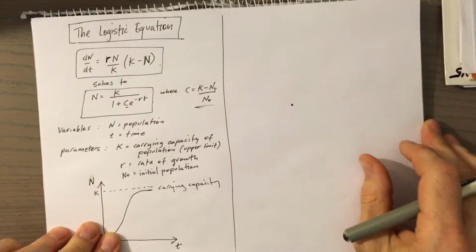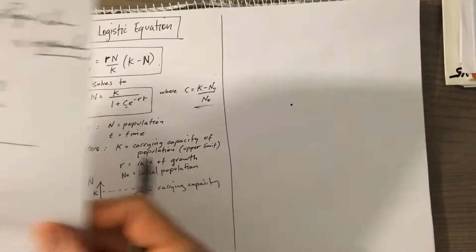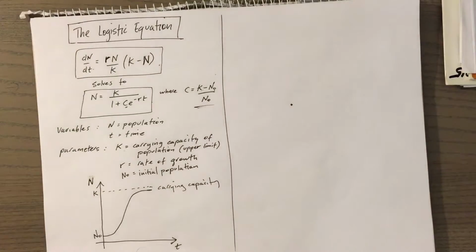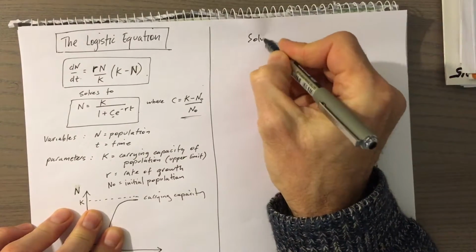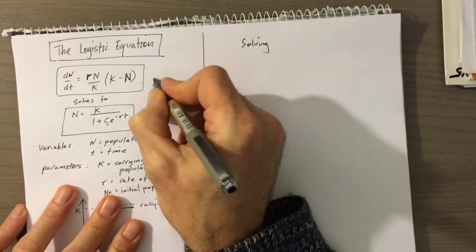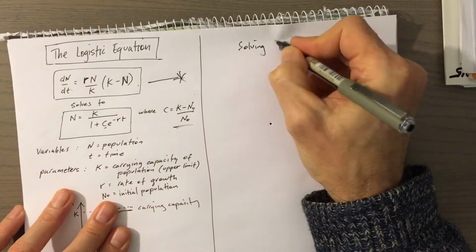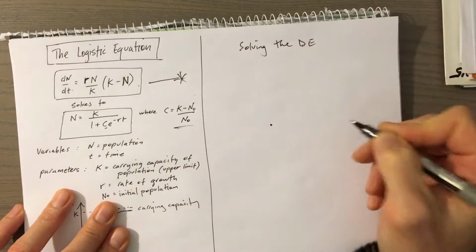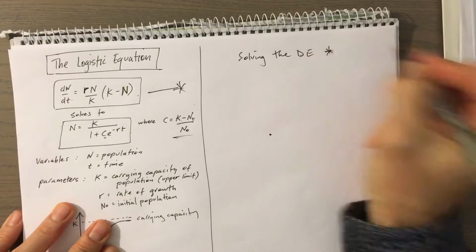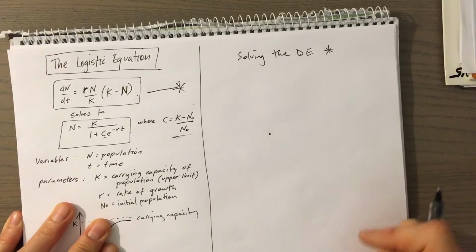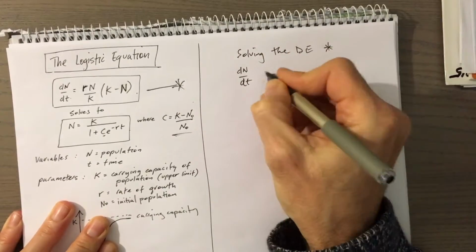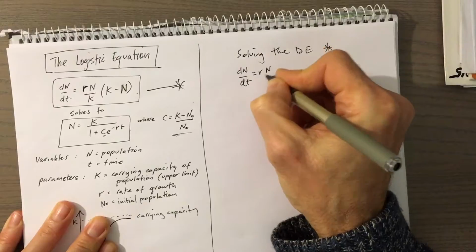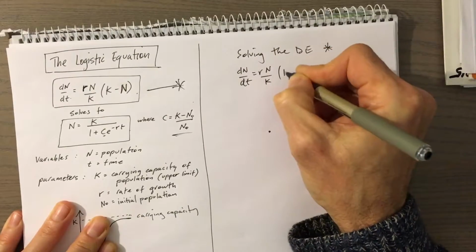Back to this. Okay, so how do we solve this? Here's solving the DE, the differential equation. So dN/dt, I'll just write it out again, is equal to rN/K times (K minus N).